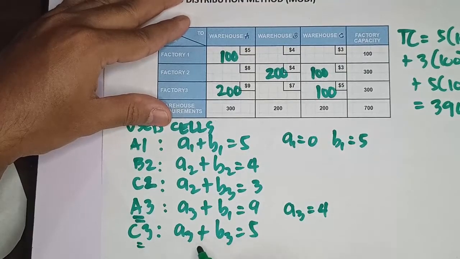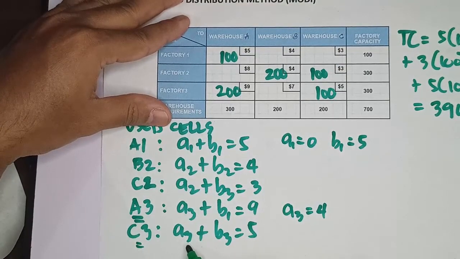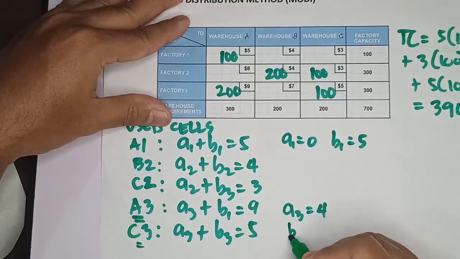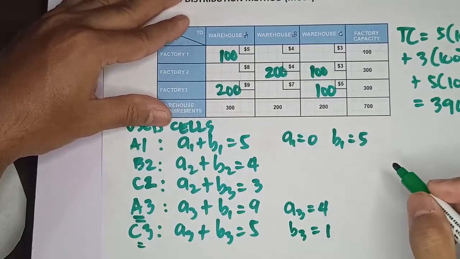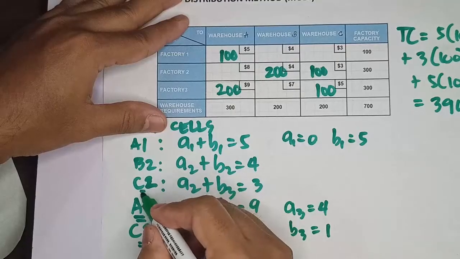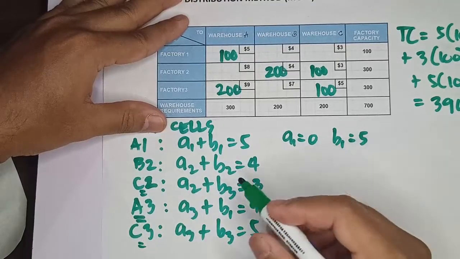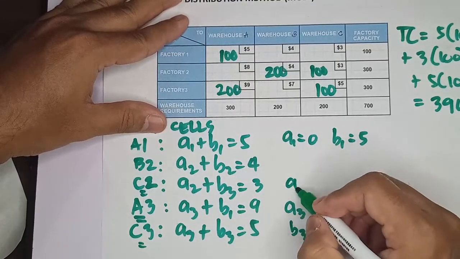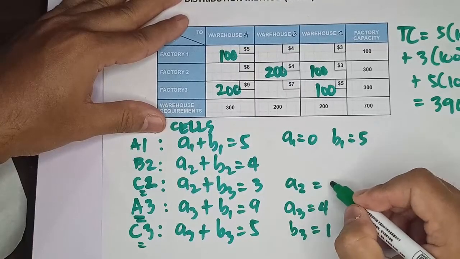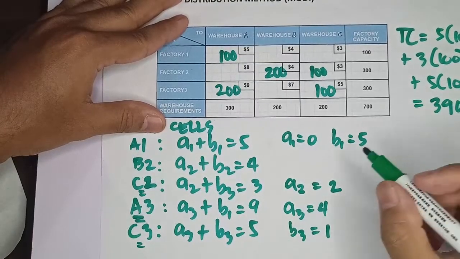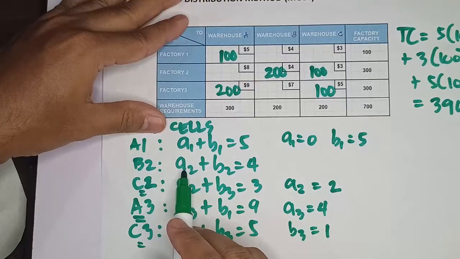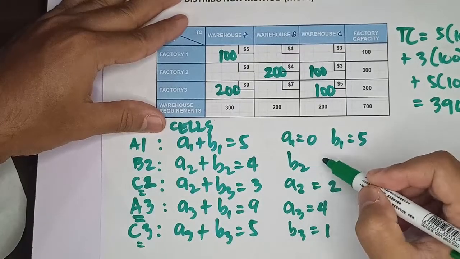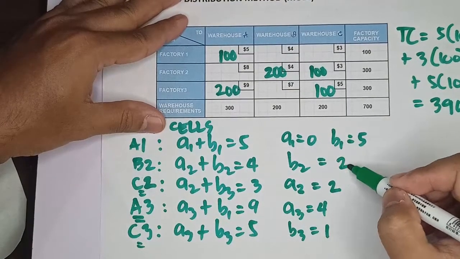And on C3, A3 is equal to 4, therefore B3 is equal to 1. And on C2, B3 is equal to 1, then A2 is equal to 2. And then A2 is equal to 2, therefore B2 is also equal to 2.